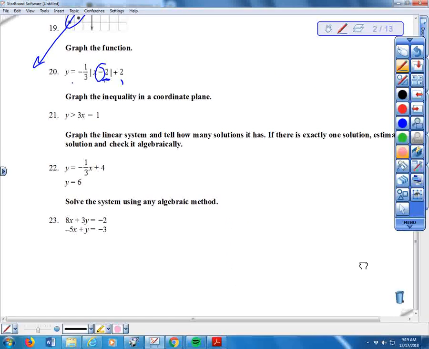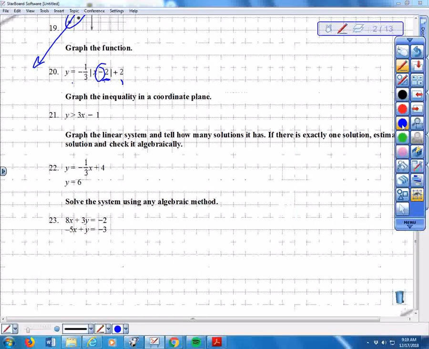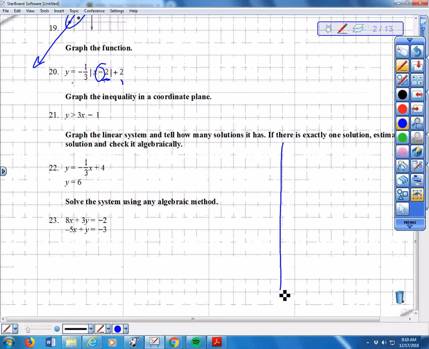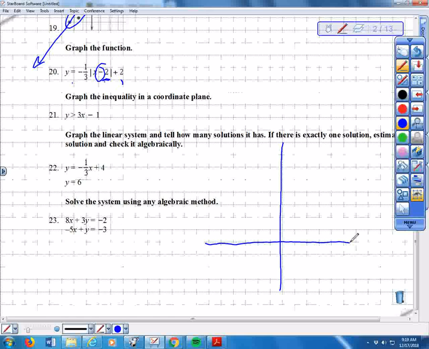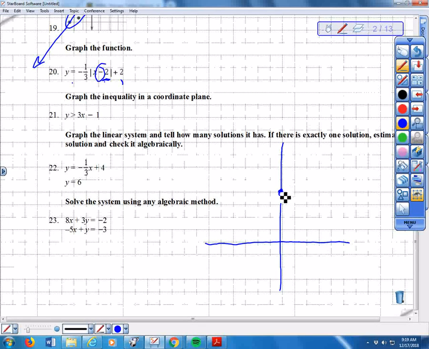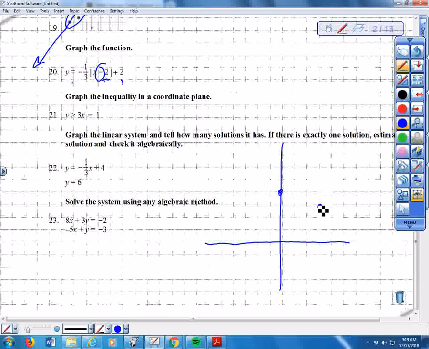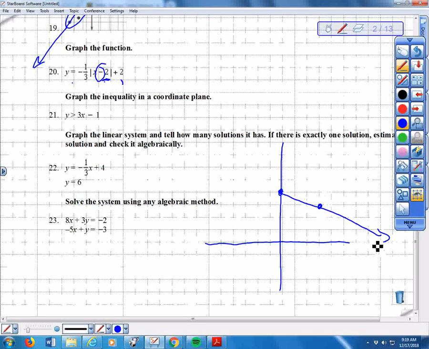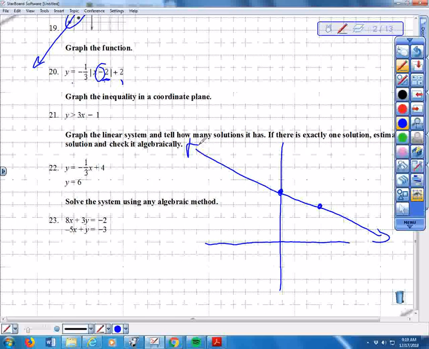All right. Graph the linear system. Oh, let's use blue. So all I'm going to do is graph both equations. Plus 4, and the slope is negative 1 over 3. And then the line y equals 6.